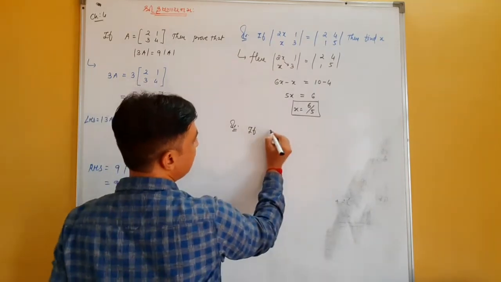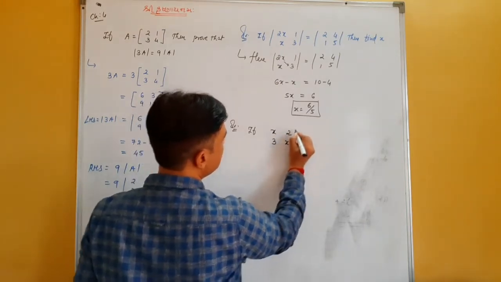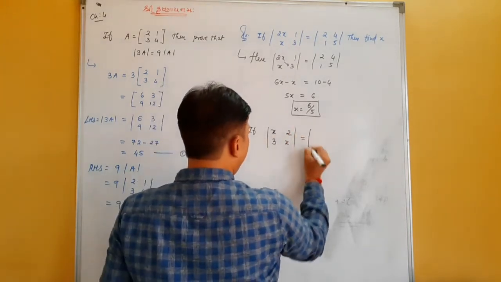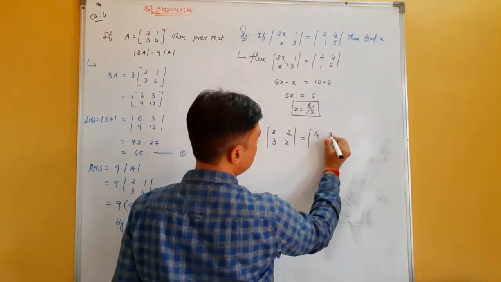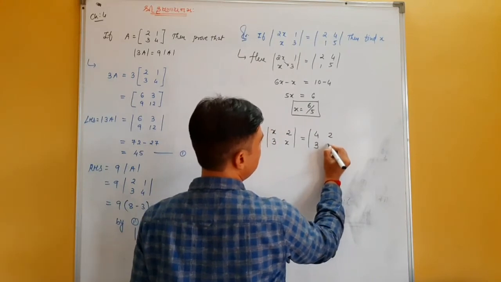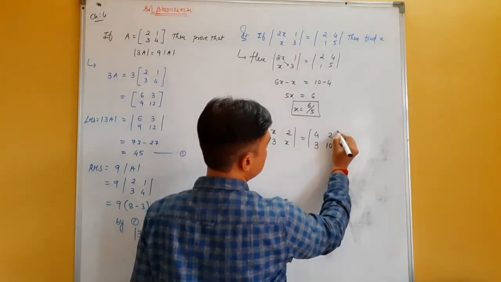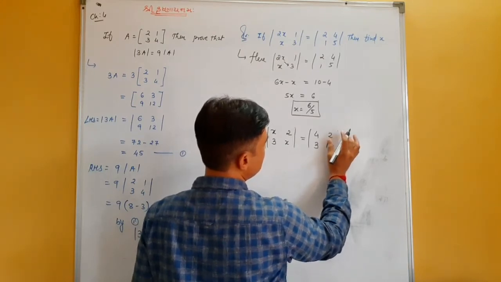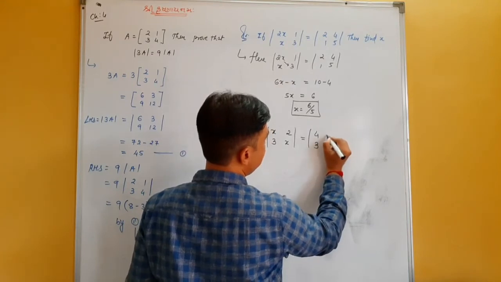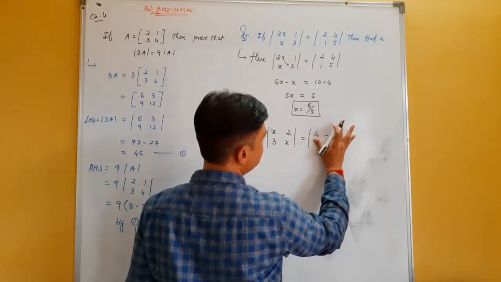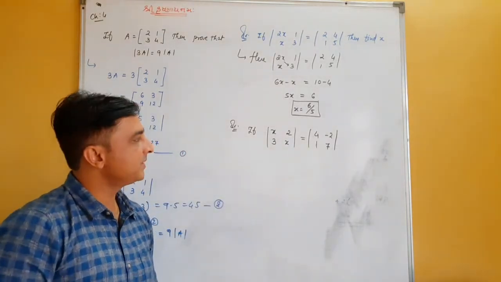Second one. |x 2; 3x ...| equal to |4 -2; 1 7|.